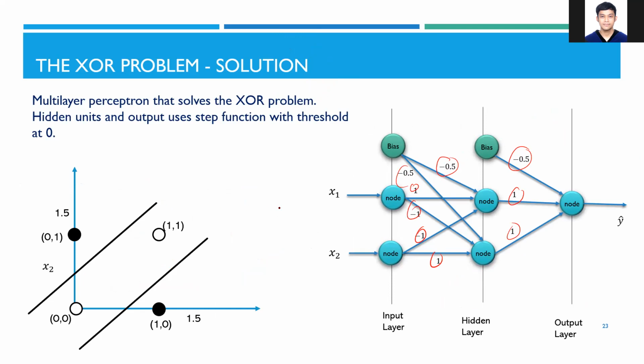So if I draw the picture, it illustrates like this. Because we have a hidden layer here, we can have two linear lines. Here we have the first line, and then we have the second line.